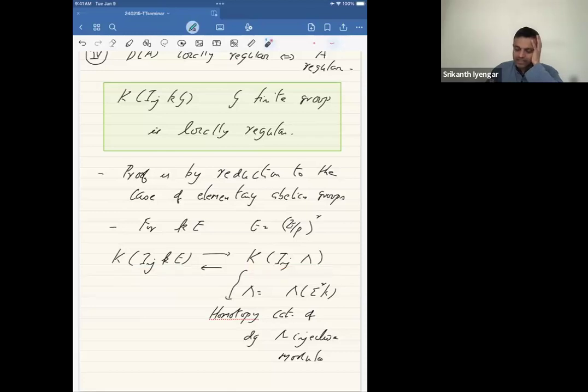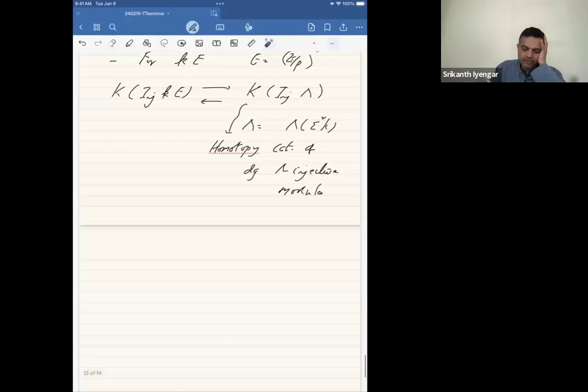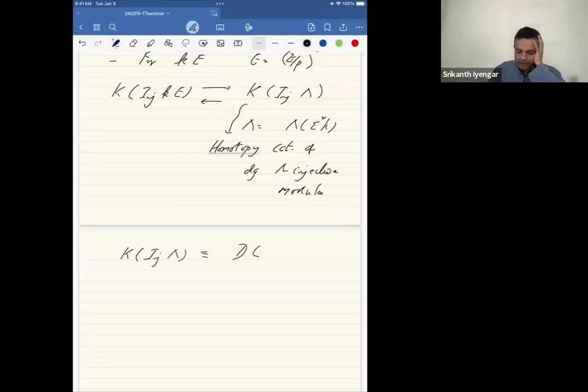Roughly speaking, this category is locally regular because it's equivalent, by the BGG correspondence, to the derived category of the symmetric algebra on the dual. I realize now I put the R in the wrong place; it's R cop. Since this is a regular ring, one knows that this is locally regular, and from there one gets that this is locally regular.